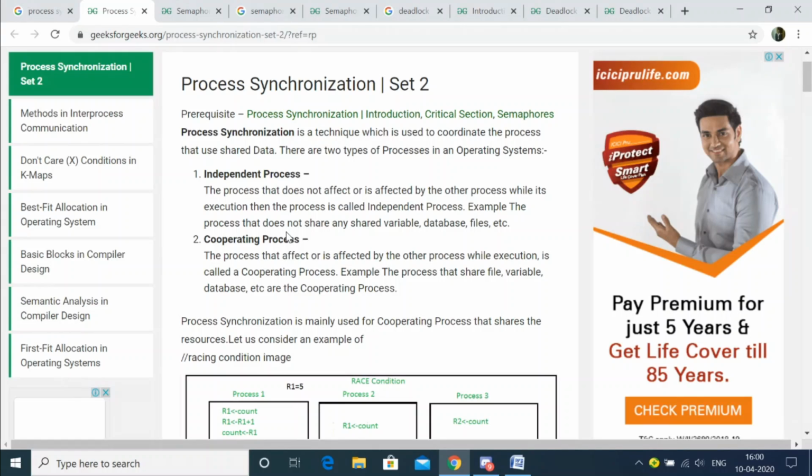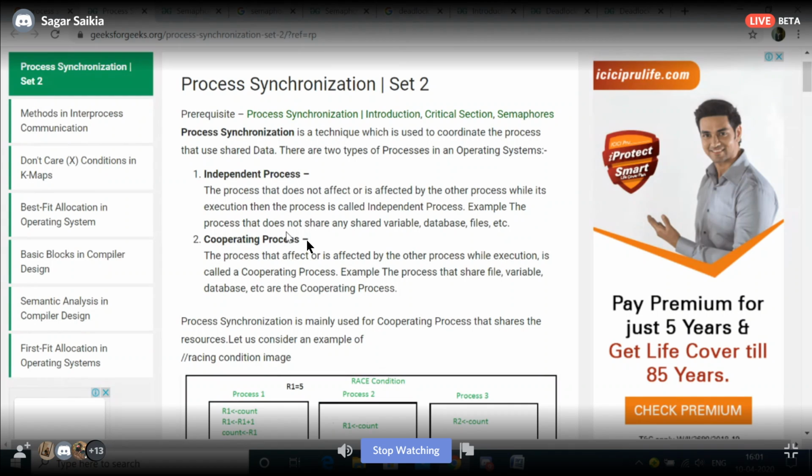Now, a cooperating process is a process where the execution of one process will affect the other, so there is a dependency among them. Whenever one process is executed, that execution will have an impact on certain other processes. Why is it so?